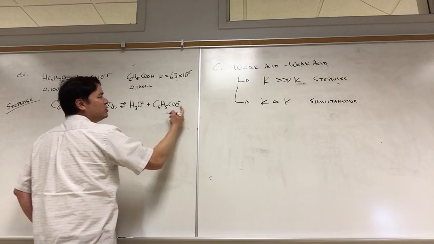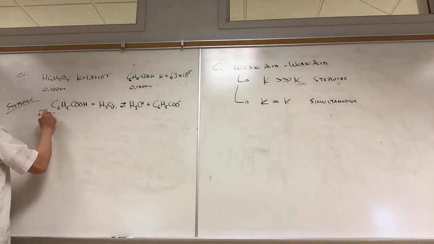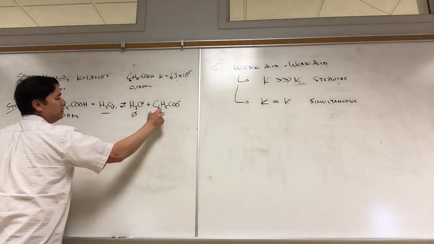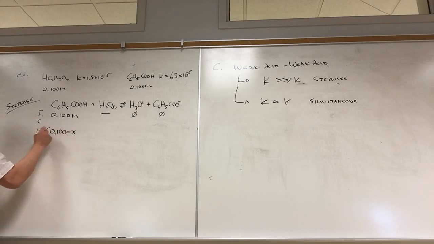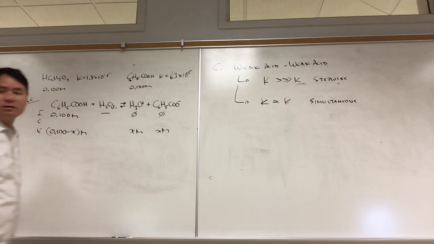C6H5COO minus is called the benzoate ion. And so initial 0.100, nothing's happened. Water, ignore. Hydronium and benzoate, 0. And so it's going to be minus X, so 0.100 minus X, this is going to be X molar, this is going to be X molar. Let's solve for X.